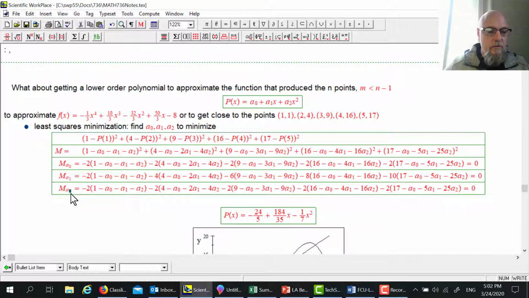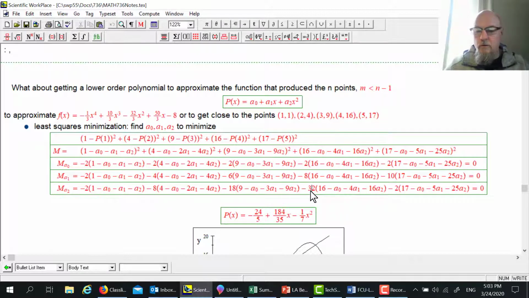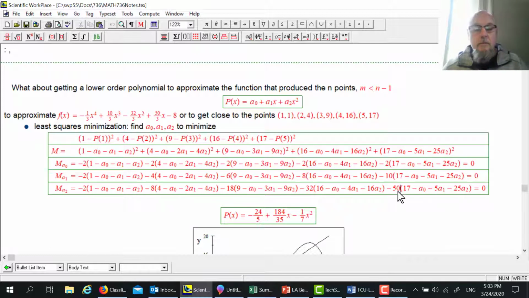The derivative with respect to a2 is going to put out a 4, so that's an 8. That's a 9, so that's an 18. 16, so that's a 32. And that's a 50. Anyway, 3 equations, 3 unknowns, solve.